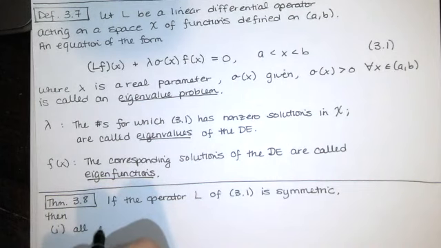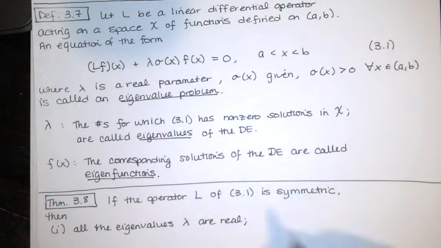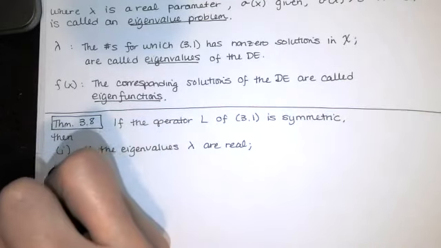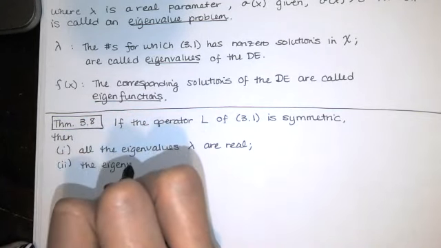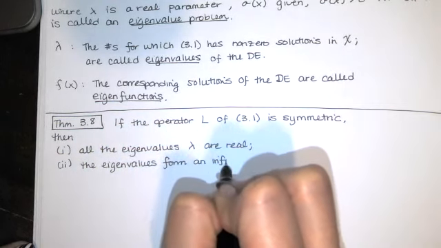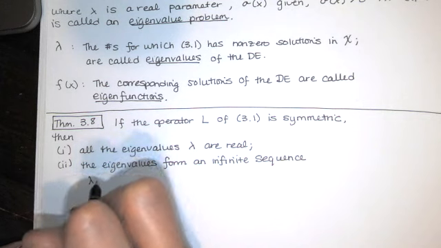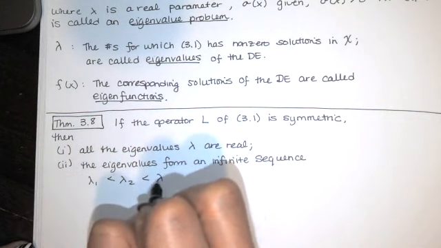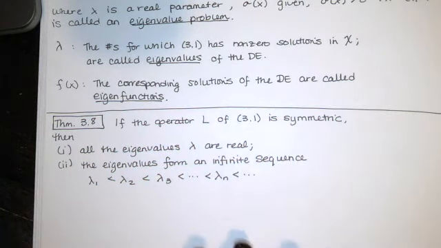All the eigenvalues are real. That tells us something. They're not complex. What else do we know? We know that they form an infinite sequence. Lambda sub 1 is less than lambda sub 2, which is less than lambda sub 3, and it keeps going. We've got lambda sub n there, and as n goes to infinity, lambda sub n goes to infinity.